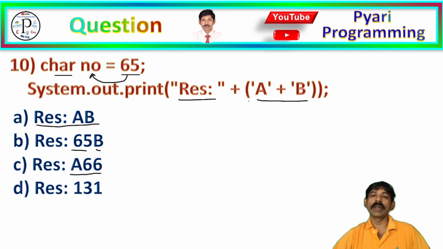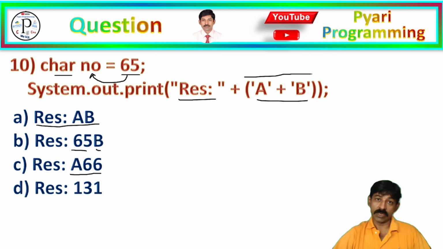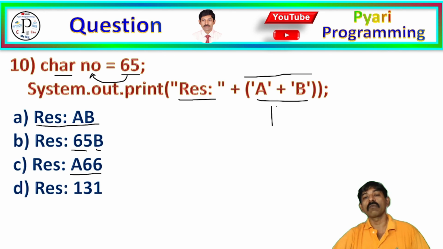So obviously when it is in parentheses, first these two will be done. Both the characters are going to be added first, that means their ASCII values are going to be added. 65 plus 66 is your 131. Now RES is going to be concatenated with your 131. So that's why the answer is RES131.